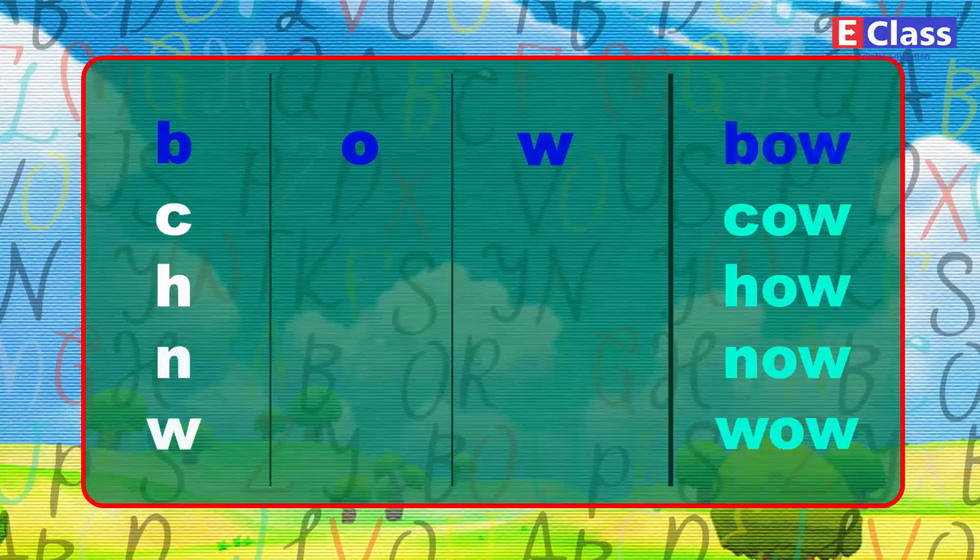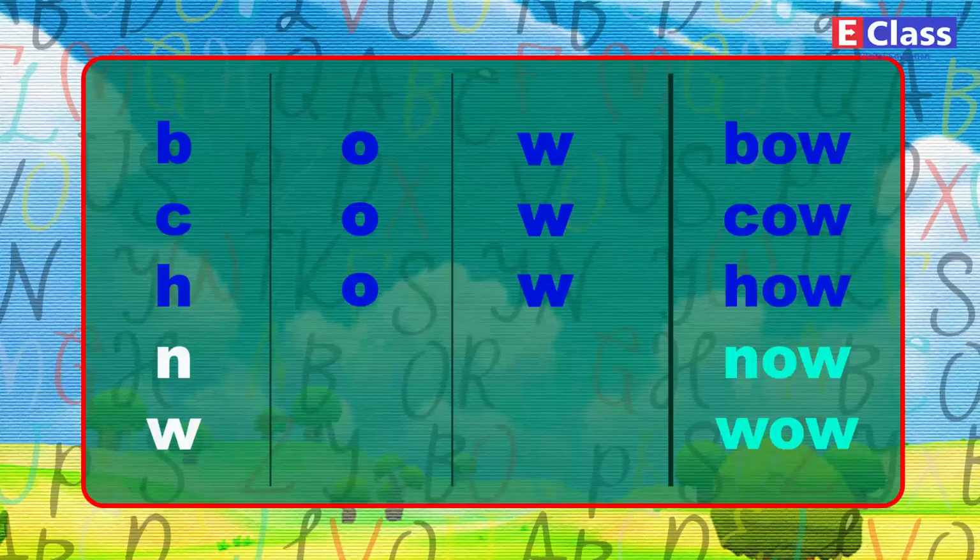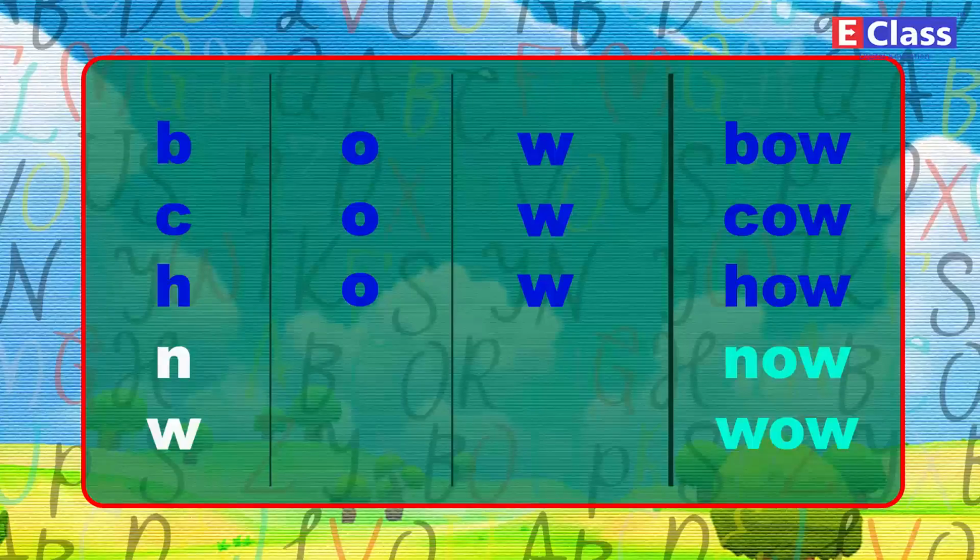B-O-W, bow. C-O-W, cow. H-O-W, how. Now complete the rest of the table.